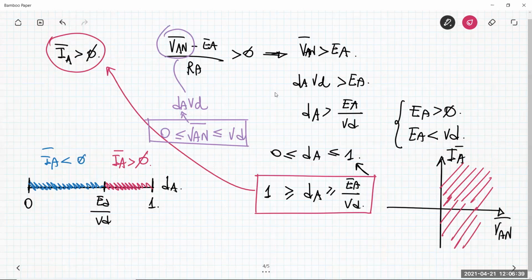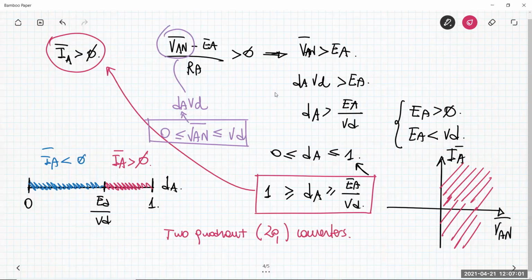But the voltage VAN is always positive. So this is a bidirectional converter, making it possible to invert the direction of the current. It is also called a two-quadrant, or 2Q for short, converter.